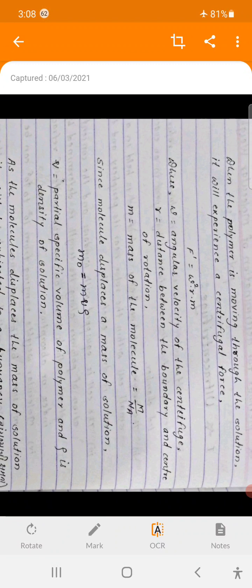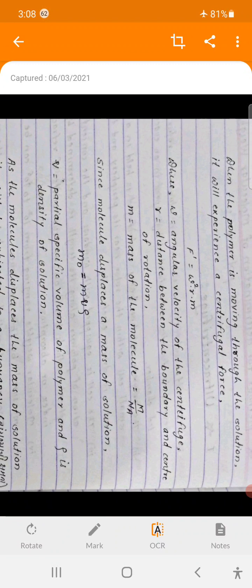Here R is the distance between boundary and center of rotation, and m is the mass of the polymer molecule, that is M upon Na, where M is the molecular weight, which is to be found out.